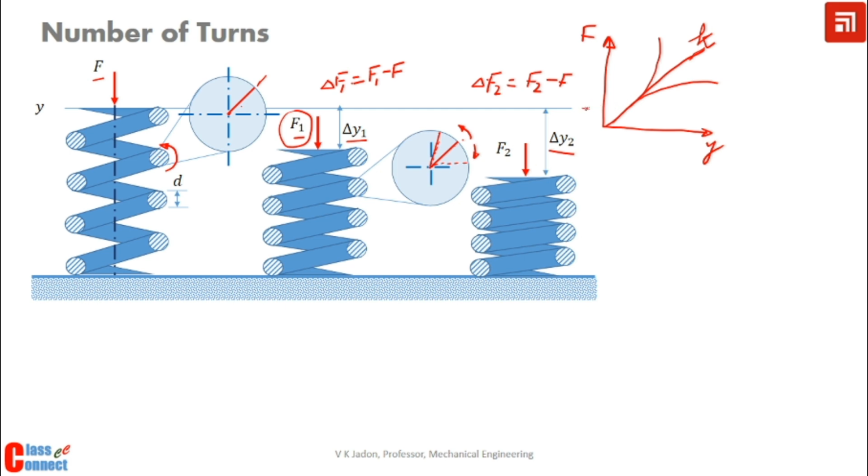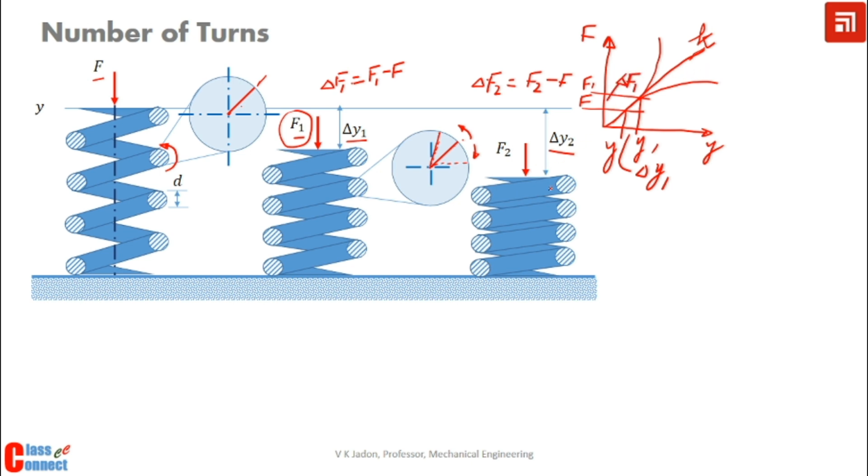So let us say that this is the F initially, and this is the reference y, and here we are moving to F1, and here we move to y1, and this change in the deflection is delta y1, and this is delta F1.